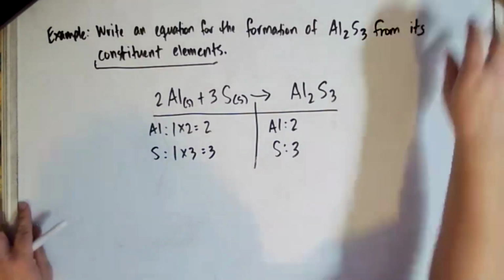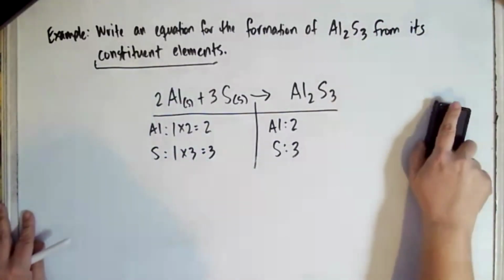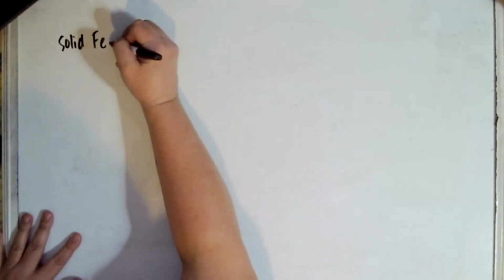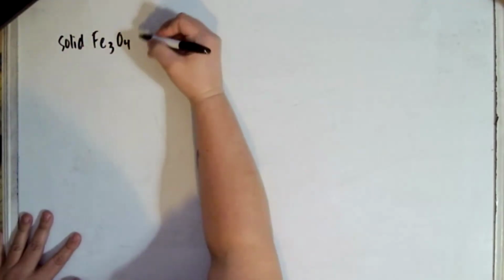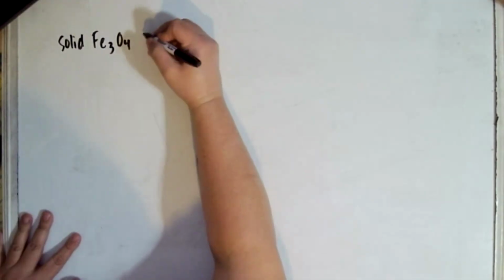The next example that they describe for us says to balance the chemical equation when solid Fe3O4 reacts with hydrogen gas.